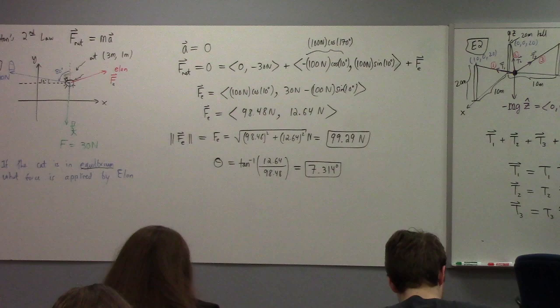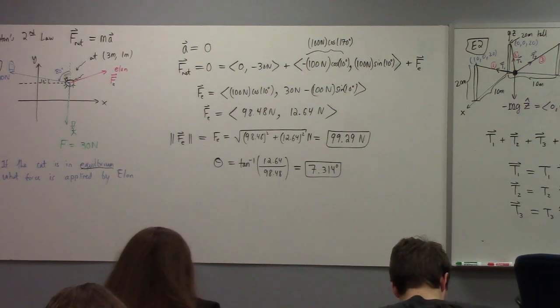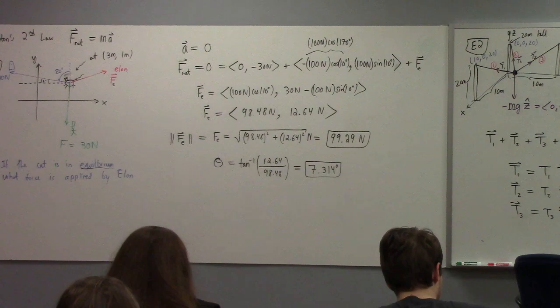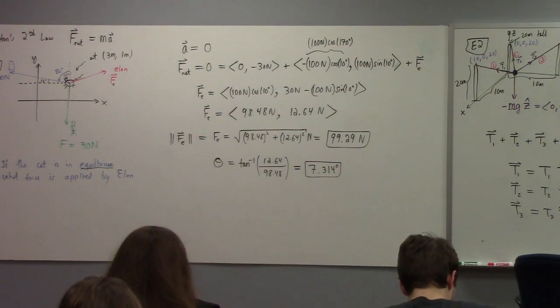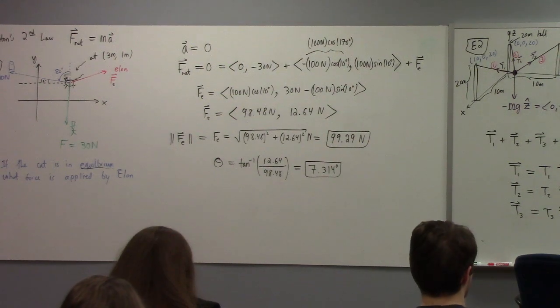In other words, T1 should be a unit vector in the direction of 5, minus 5, 10. So a formula for T1 hat is 1 over the square root of 25 plus 25 plus 100, in the 5, minus 5, 10 direction.